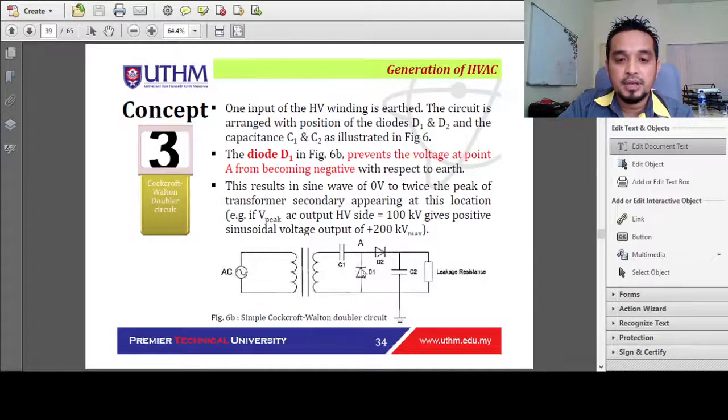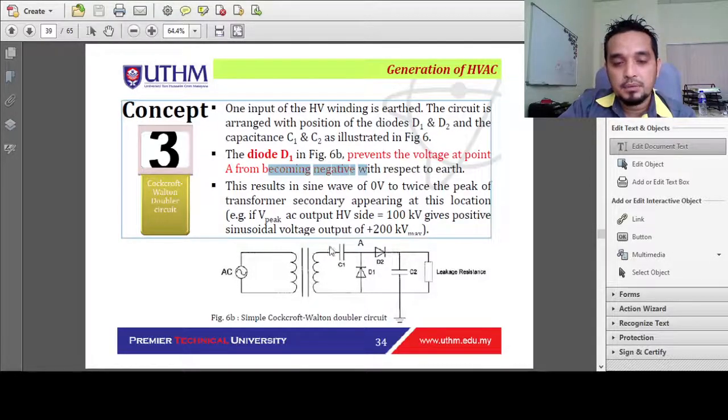Because we have D1 here, it prevents the waveform from becoming negative. This point will not become negative because during the negative cycle we will have conduction in this way.